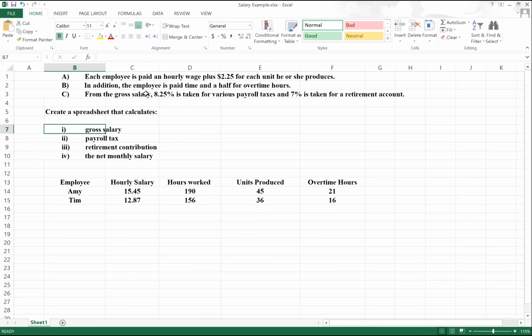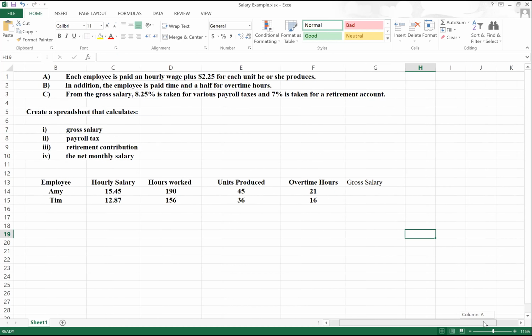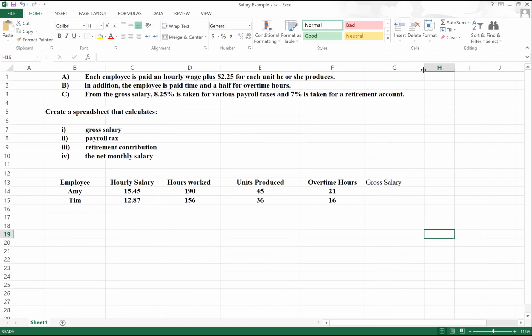We know that that's 8.25% of the gross salary, and then retirement contribution is 7% of the gross salary. But before that, we need to calculate gross salary. So we're gonna create this item called gross salary. Okay. And also, we need 2 more titles here. One of them is payroll tax.